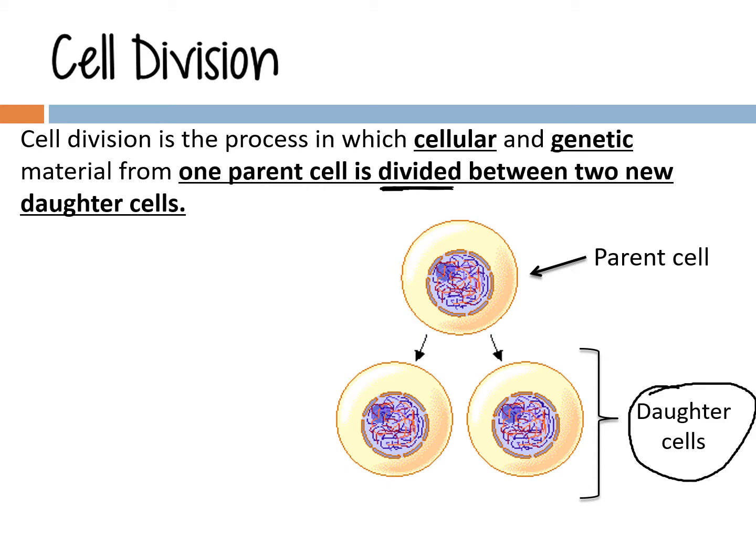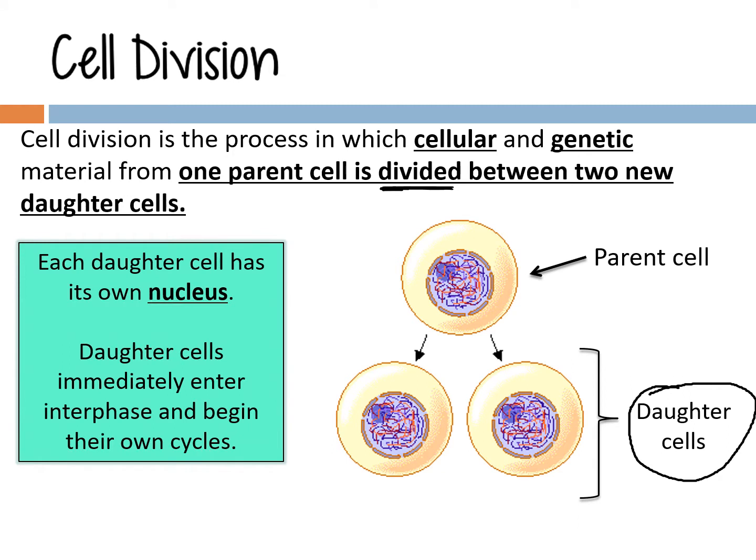I would like for you to write that on your notes. Each daughter cell has its own nucleus. Daughter cells immediately enter interphase and begin their own cycles. So once this cell is duplicated, this original cell has nothing to do with it anymore.